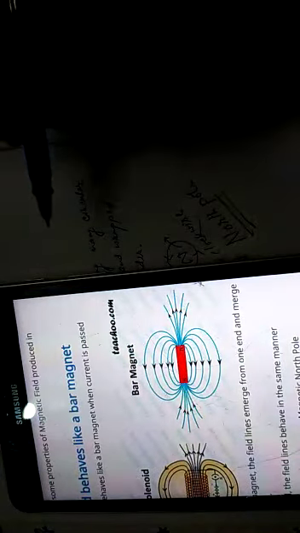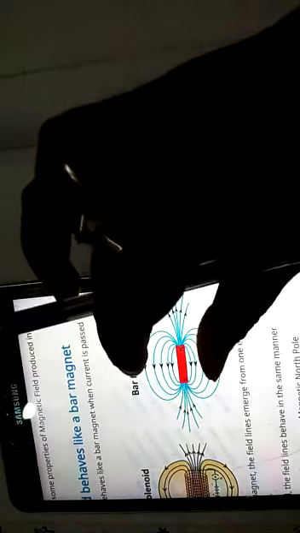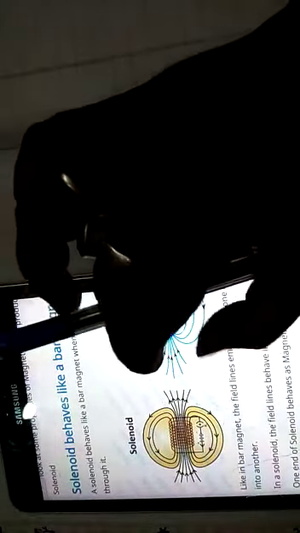In a bar magnet, the same thing happens: from one end magnetic lines of force come out, and at the other end they enter. So a bar magnet is quite similar to a solenoid. The major difference is you cannot demagnetize the bar magnet easily or instantly.